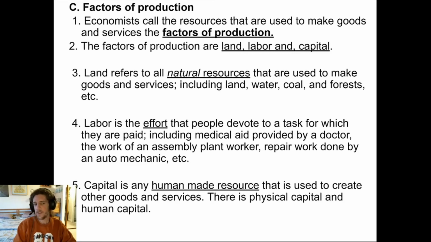Land refers to all natural resources that are used to create goods and services, including the land itself, but also natural resources like water, coal, forests, soil, etc. Labor is the effort of people. And capital is any human-made resource that is used to create other goods and services. This one we divide into two categories, both physical and human capital.